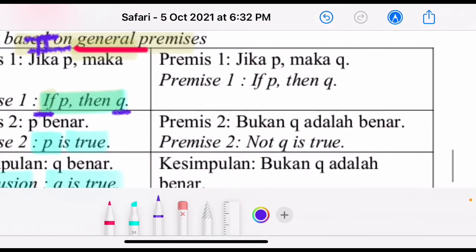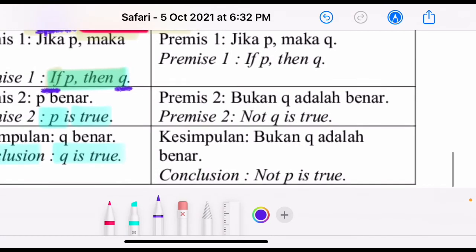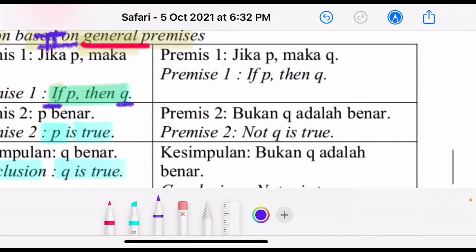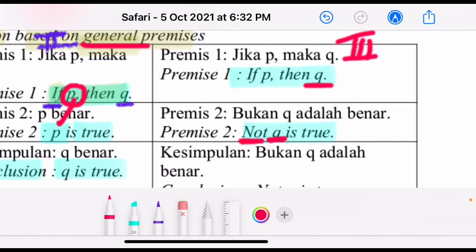Then for the third type, the pattern is almost the same as the second: if P then Q, but here not Q is true. There's a "not" and there's a Q is true. Just now it was P is true, now not Q is true.